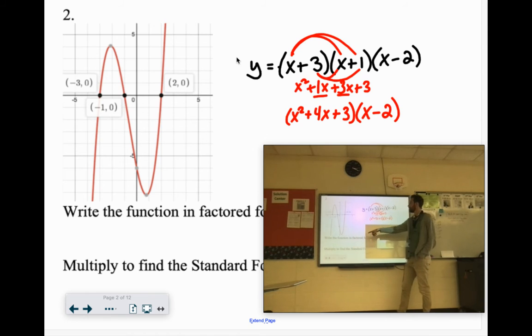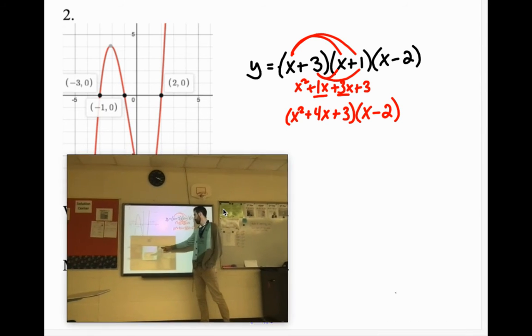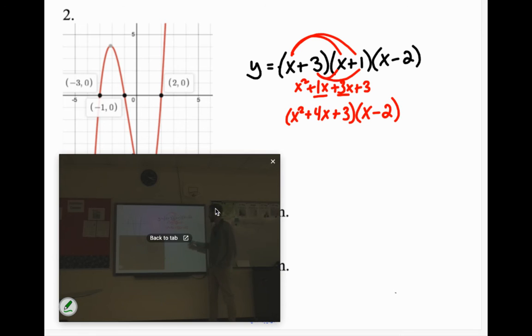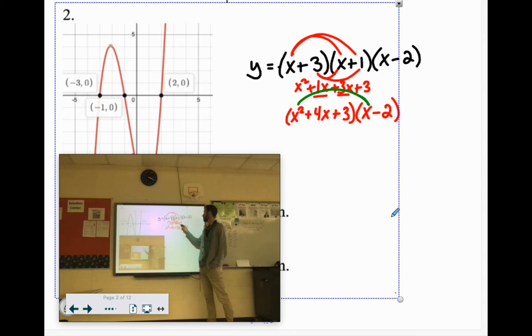So I see down here it says write it in factored form. That's what I have in the black. And then write it in standard form. That's what we're working on right now. So let's get them all with the x. This just bumps everything up an x. X to the third, 4x to the second, plus 3x.